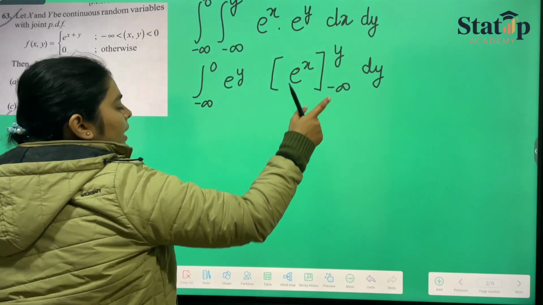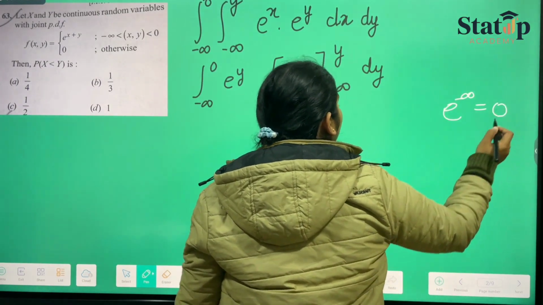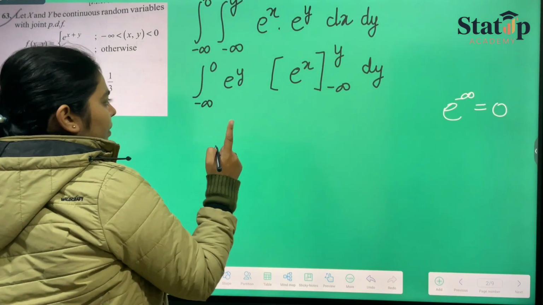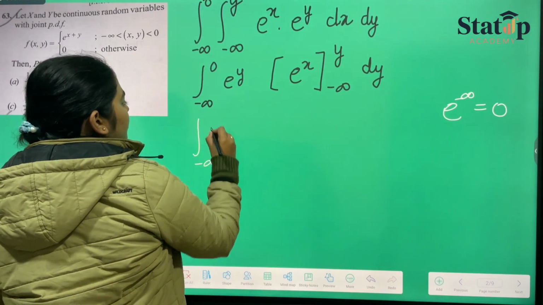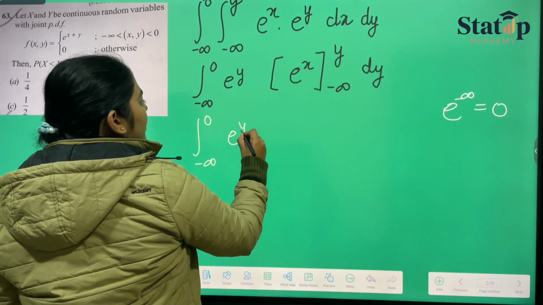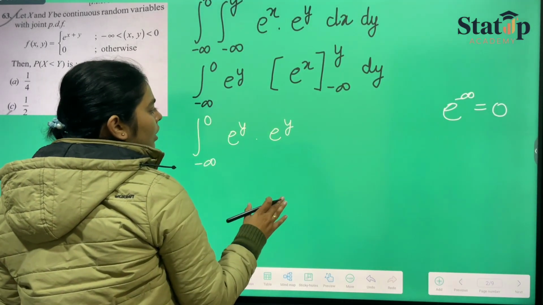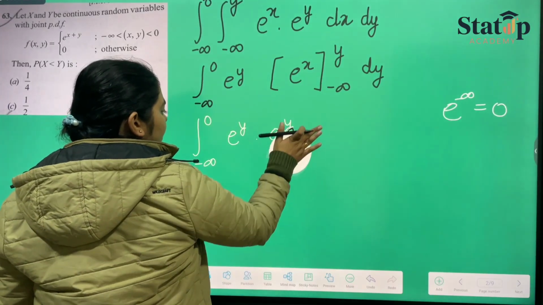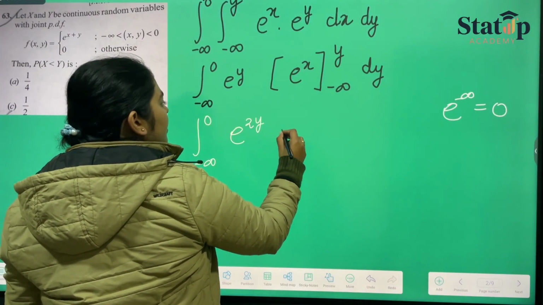Now e raised to the power minus infinity will be 0. This you should know. And e raised to the power y is e raised to the power y only. So it will be minus infinity to 0, e raised to the power y into e raised to the power y only, minus 0 will be 0 only. So instead of writing it twice, I can write it as e raised to the power 2y dy.